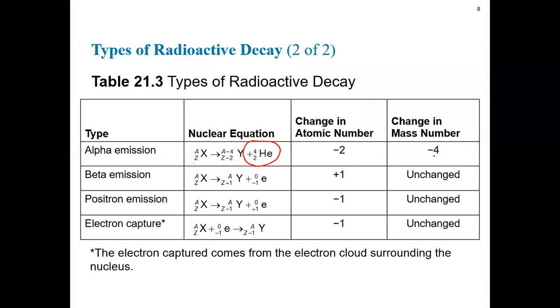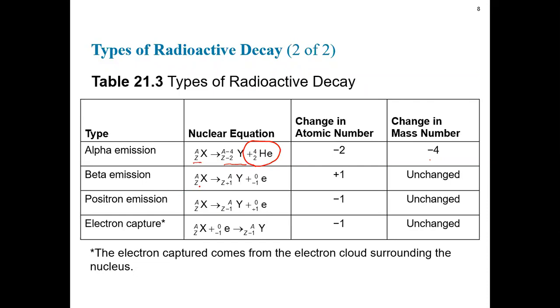Then what happened to the mass number? The mass number is A here. If the mass number for the reactant is A, then the mass number for the product becomes A -4, because you have to balance the mass number before and after the reaction. So that's how you write those equations.